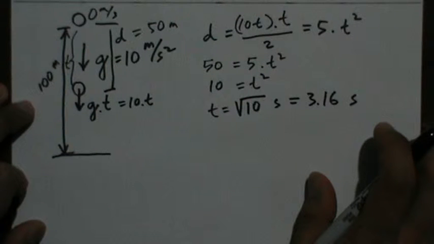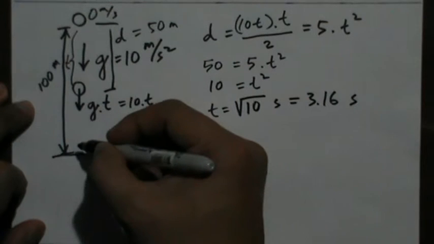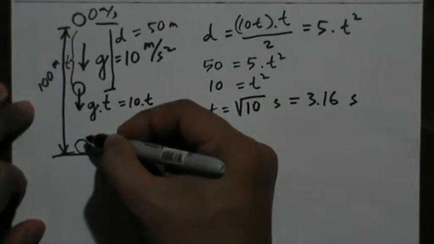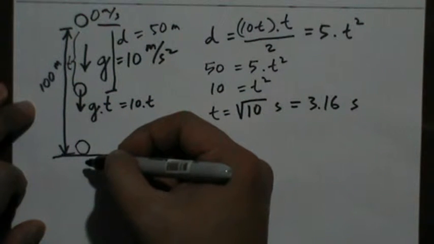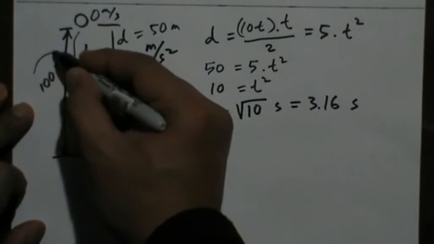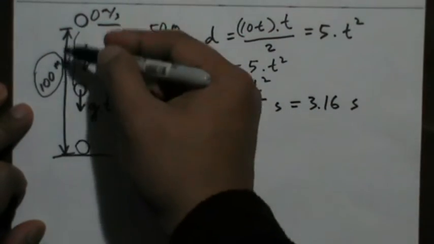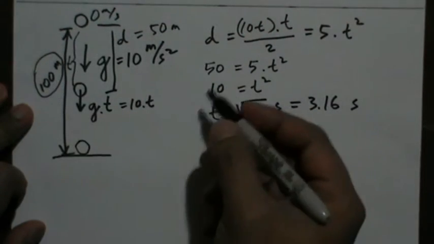Now the second question is, we are to find the time for the ball to reach the ground. So here you see that the distance traveled by the ball is 100 meters.